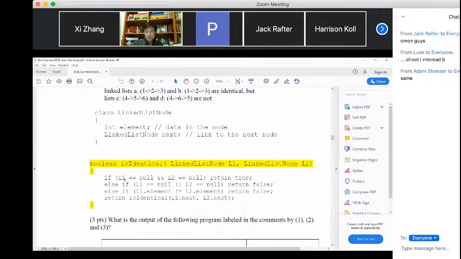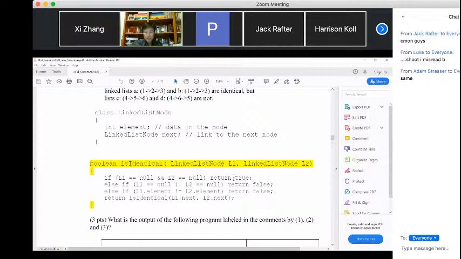When we reach the null point at the same time, that means everything up to that point is identical, the elements are the same, and then both of them reach the null point. That's the only case these two, L1 and L2, can be identical. So in that case, return true.